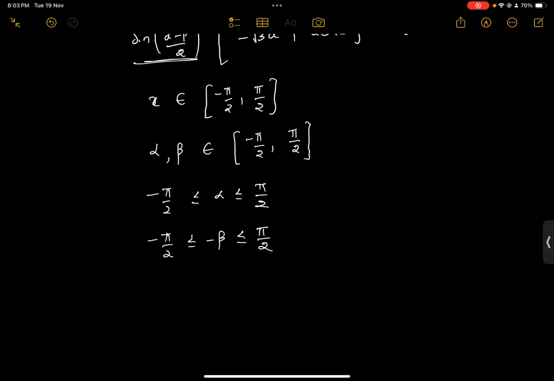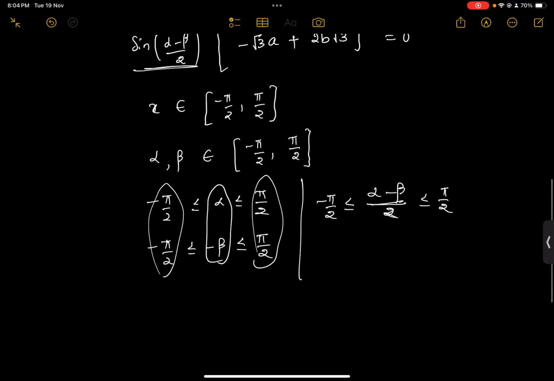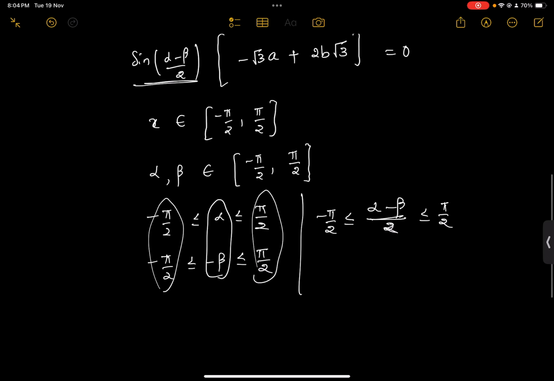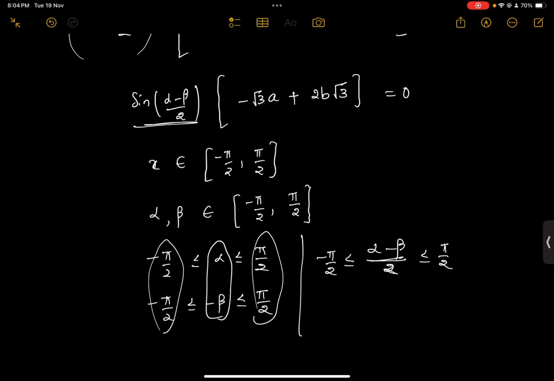If we add these two, alpha minus beta lies between minus pi and plus pi. So divide that by 2, and alpha minus beta by 2 lies between minus pi by 2 and pi by 2.